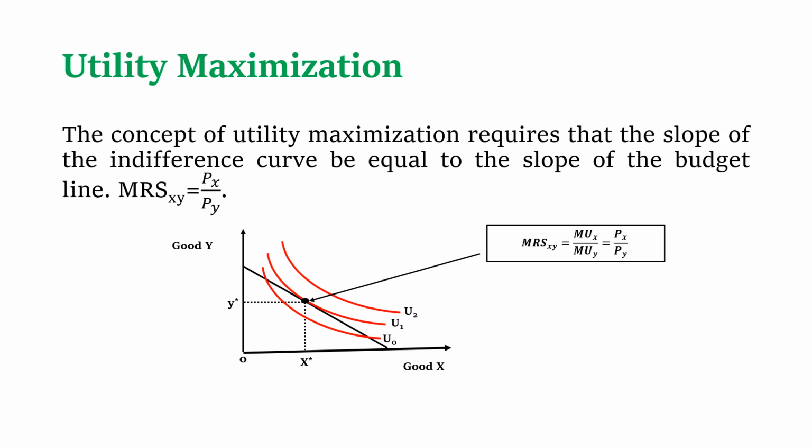Now, we notice that the indifference curve U1 is tangential to the budget line, and at that point, we have the optimal values of X and Y. Notice that the optimal value of X there is the uncompensated demand for good X. And the optimal value of Y is the uncompensated demand for good Y.